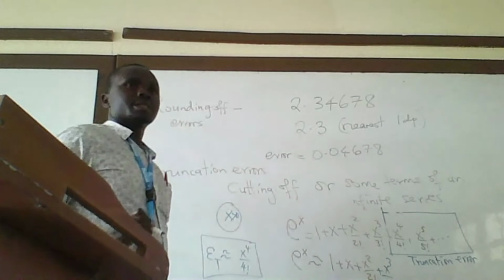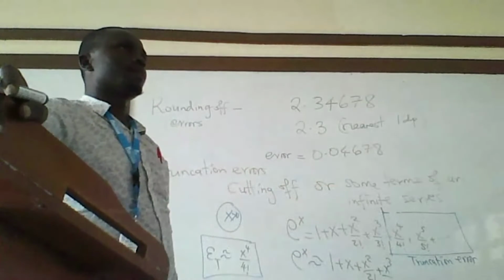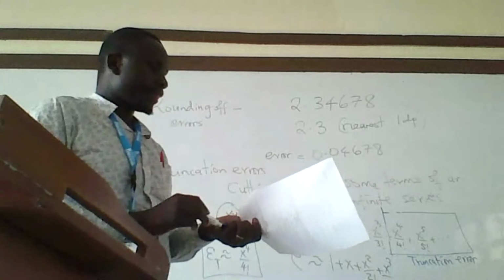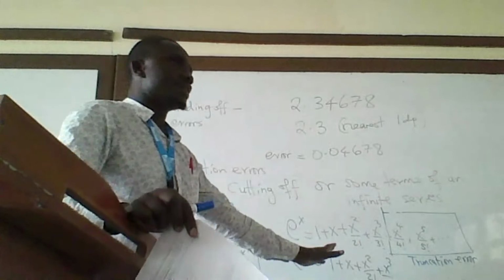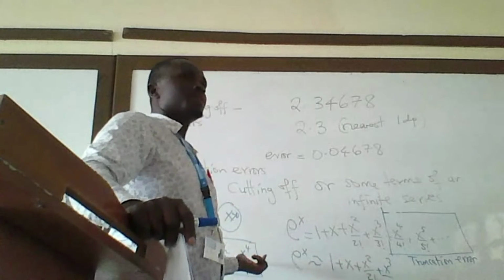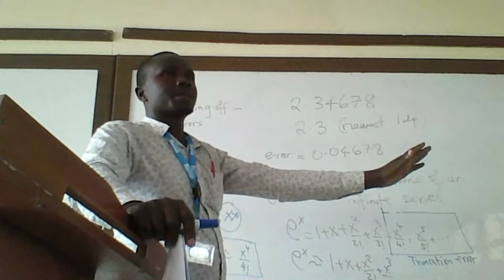So what I'm trying to illustrate is that for an infinite series, to approximate the truncation error, once we have used part of the series, the error is approximately equal to the first term in that remaining part of the series.